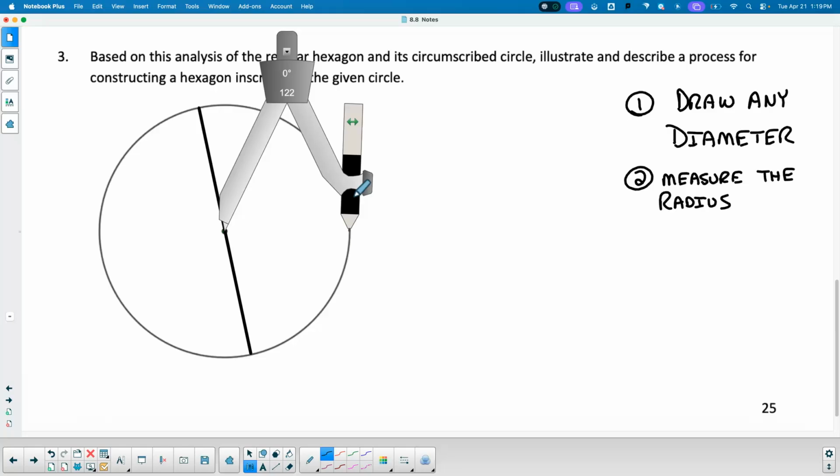Once you have that radius, then you're going to make a swoosh from one end point of your diameter.